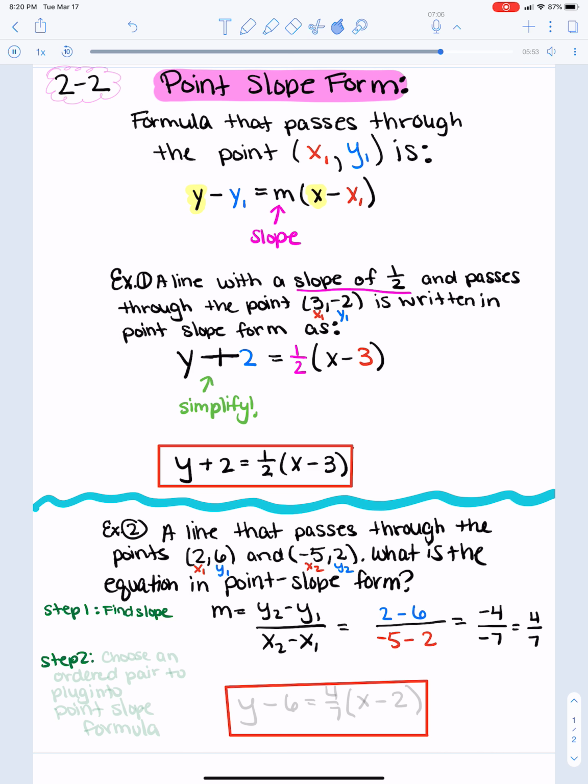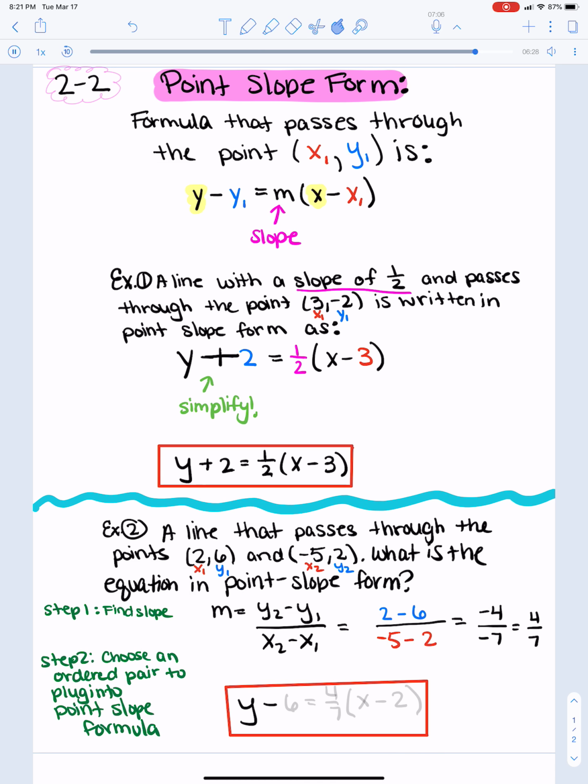So step 2, we're going to choose one of the 2 points, or the 2 ordered pairs, to plug into our point slope form. All right, so remember the y stays, so my first y stays, minus.